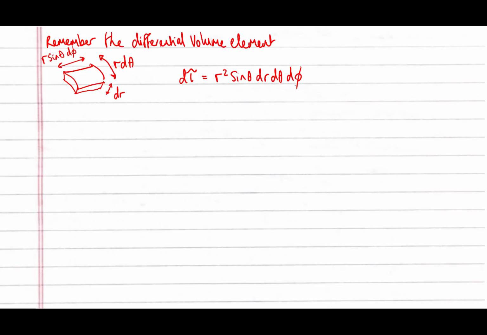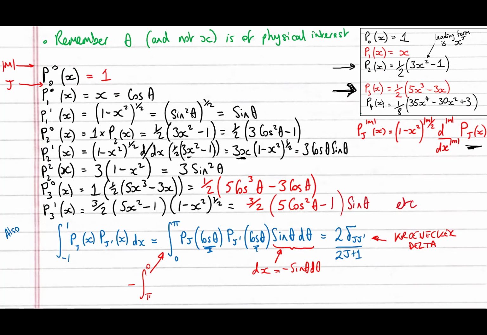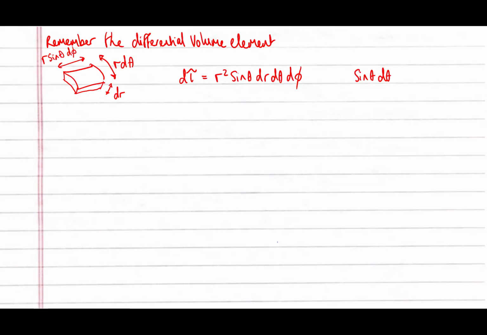And so what we've got, right, so we made that substitution in the previous slide, right? So we had a sine theta d theta term. If we go back to the previous slide, here's our sine theta d theta term in here, and it turns out that that sine theta d theta term is really the theta part of d tau in spherical coordinates.